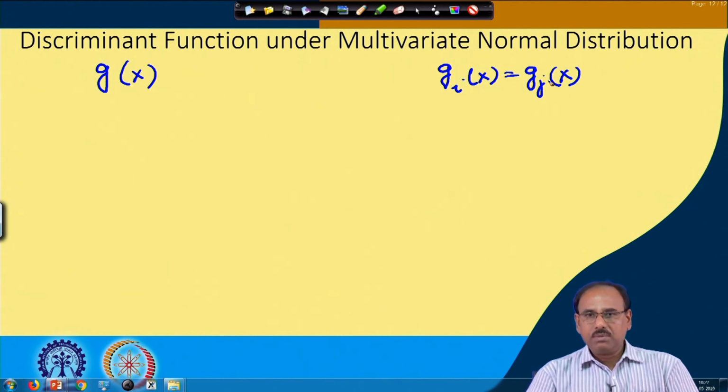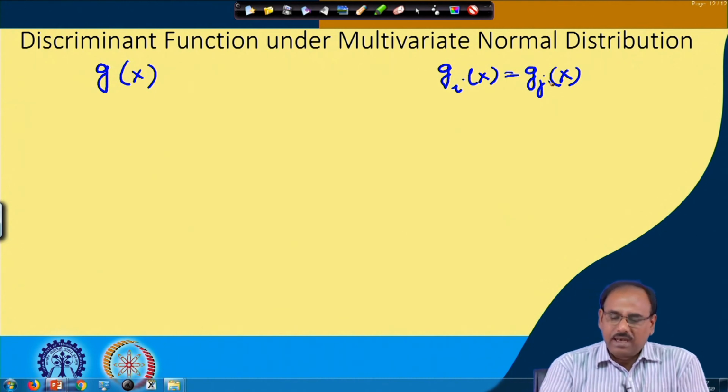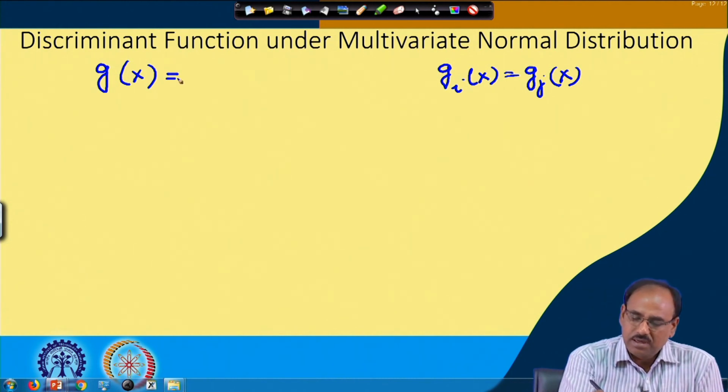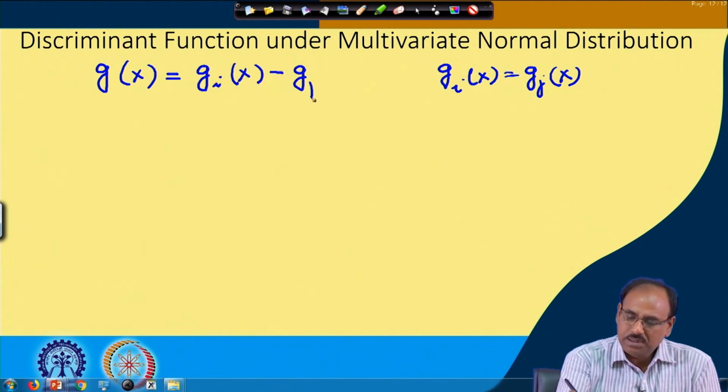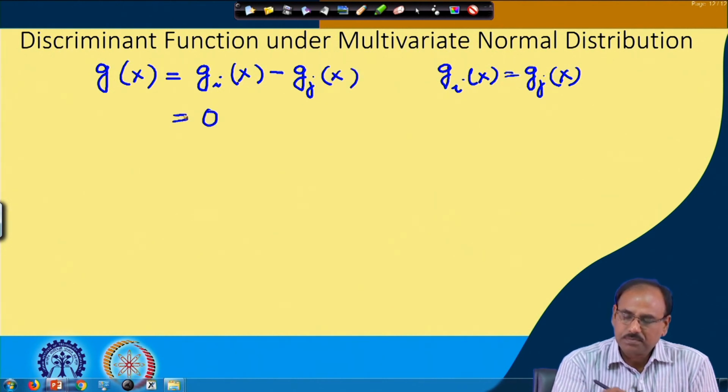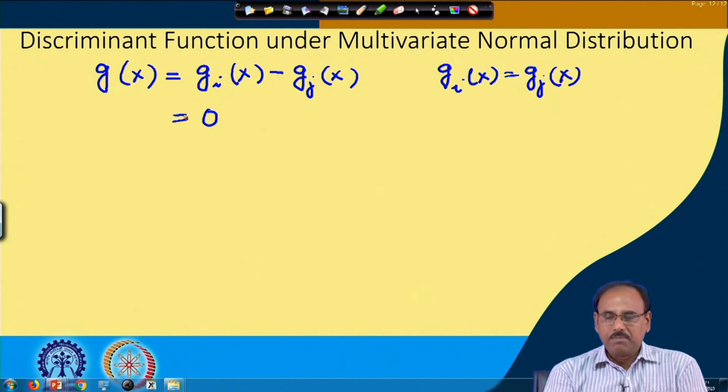So the equation of the boundary can simply be written as g(x) = g_i(x) - g_j(x) = 0. This is simply the equation of the boundary between the two classes ω_i and ω_j.